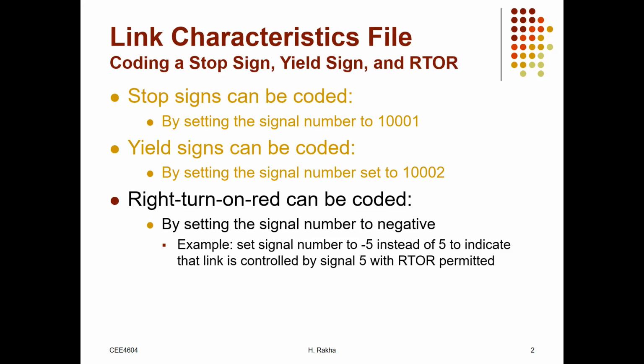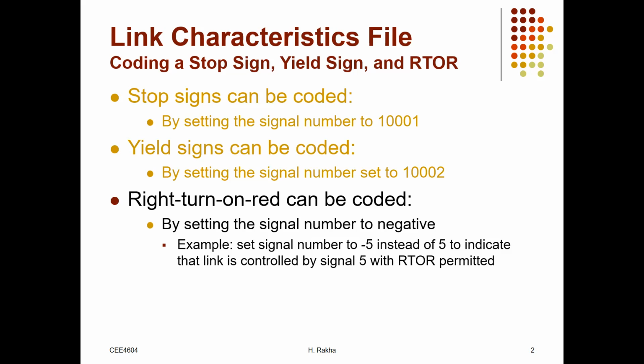So in file 2, as Saif described to you, you had 3 entries: the signal number, the phase number that would discharge during the first phase, and the phase number that would discharge during the second phase. So let's say the vehicles could discharge during phase 1, which would be left turns only, and then they could discharge during the second phase, which would be all the movements.